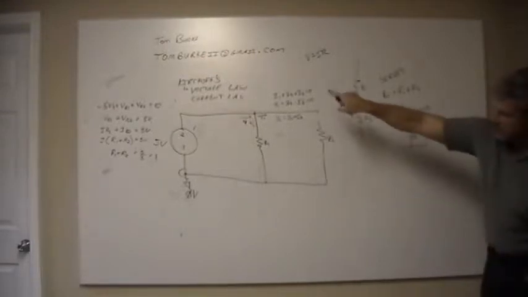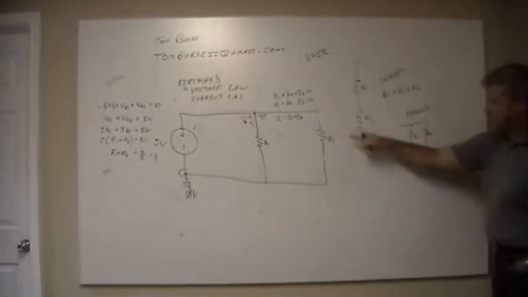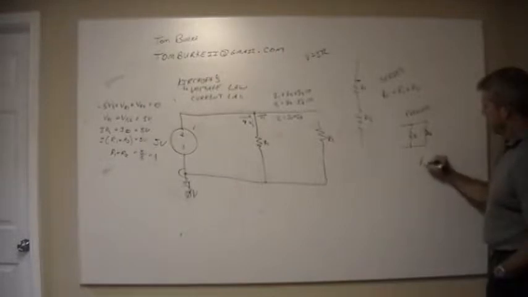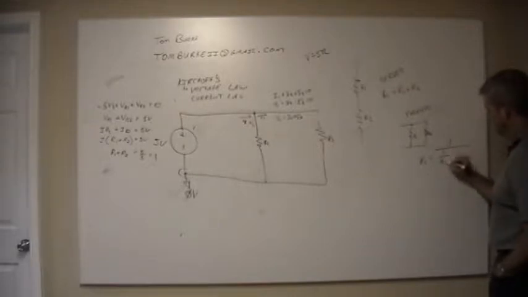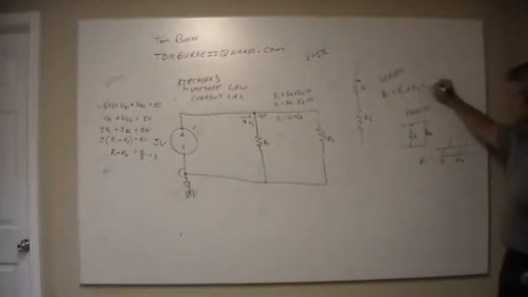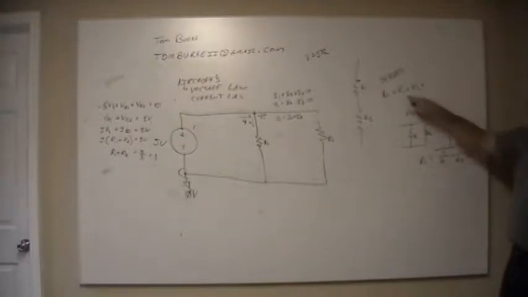If you do all this same math against the current law, knowing what the voltage is and everything else, you will get that R total is equal to 1 over R1 plus 1 over R2, plus however many of them there are. So if there's 400 resistors, we'll go out to 1 over R400.